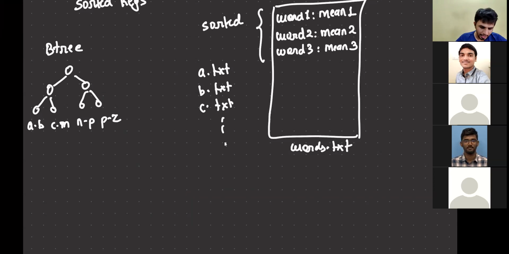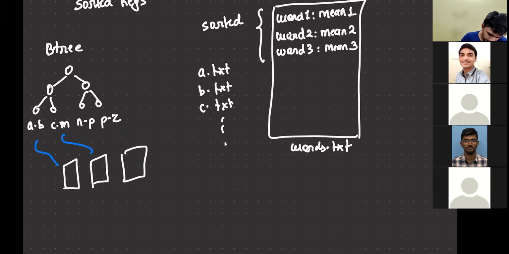And then each would point to the actual file or file block on disk. Correct. So it would point here, here, here, and the final one points here.